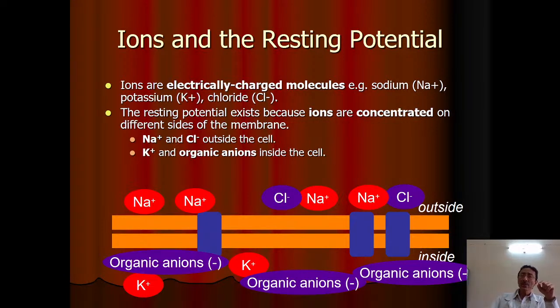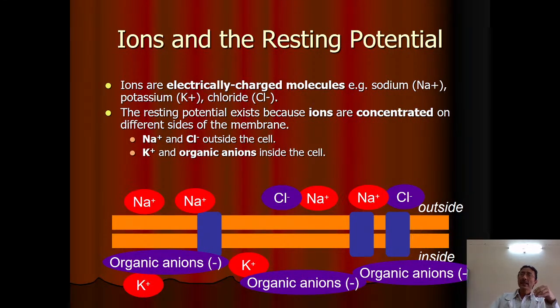So when these sodium ions move from outside to inside, they also carry positive charges along with them. When these positive charges come inside the cell, there is a buildup of positive ions inside. There is more and more electropositivity inside.